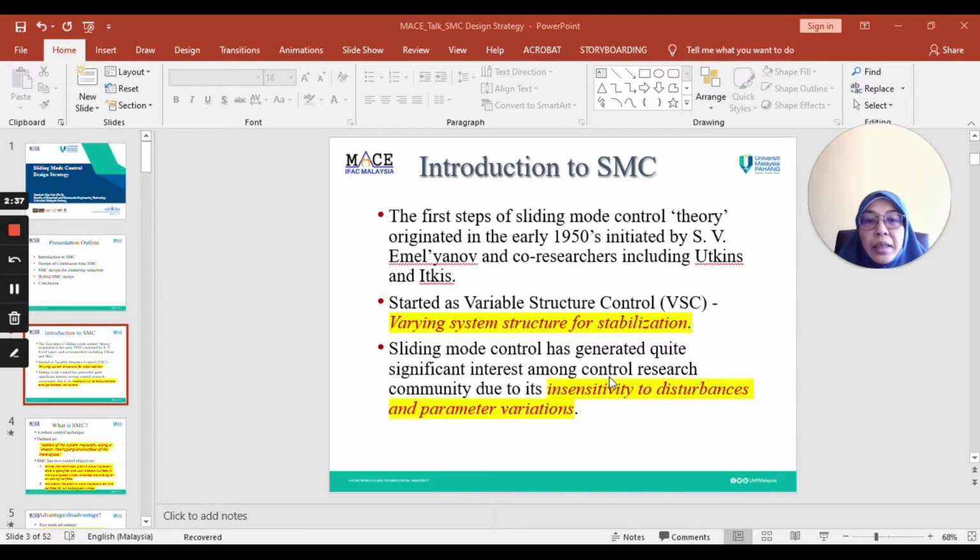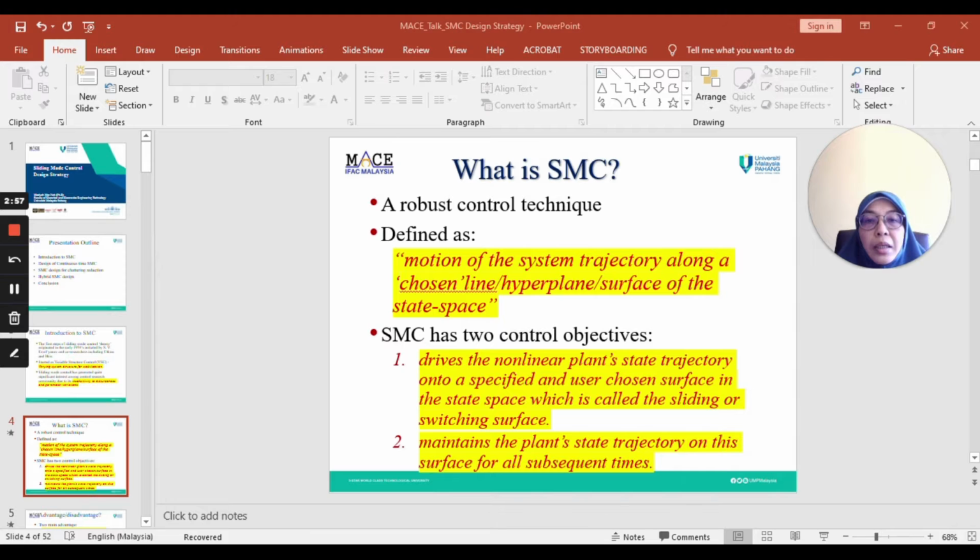After that, this algorithm has promoted interest among control researchers since this SMC is insensitive to disturbances and also robust against parameter variation. So basically, this SMC is a robust control technique.